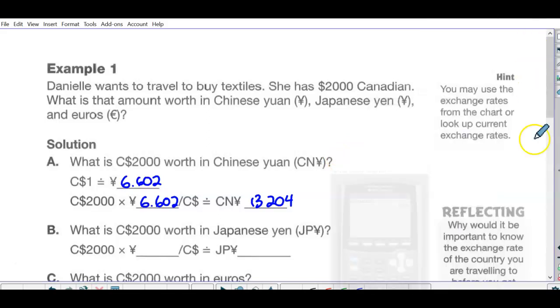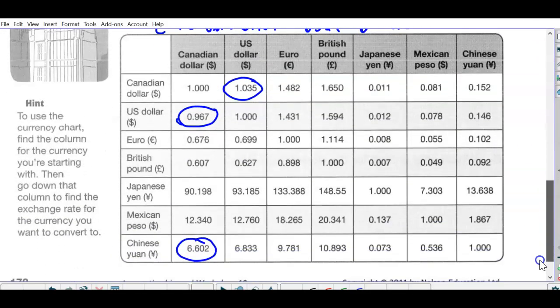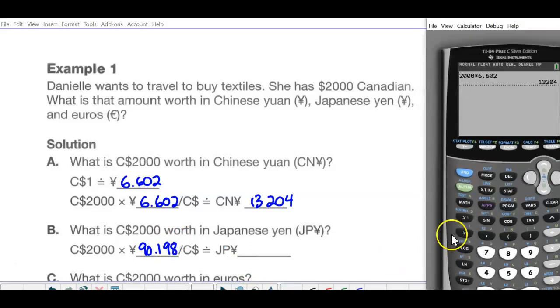Then Japanese yen. Go back, first column, down to Japanese yen, 90.198. So here we want to multiply by 90.198. That's the exchange rate. So now 2,000 times 90.198.